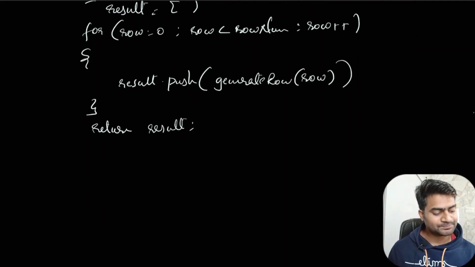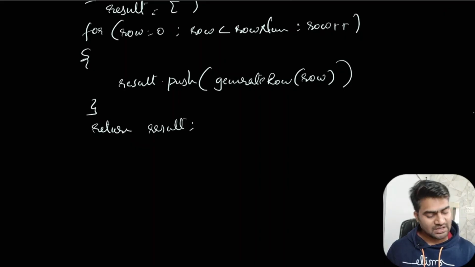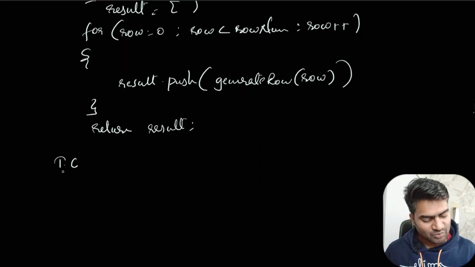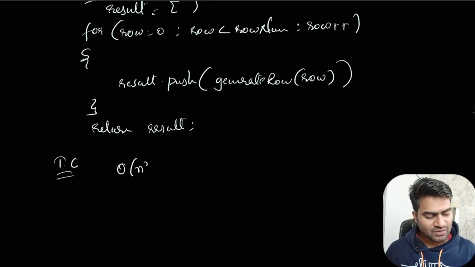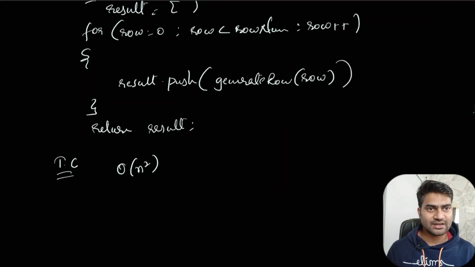Now, what is the time complexity? It is clearly of order O of n square, correct? Because for each row you will generate once, and you will call that n number of times.